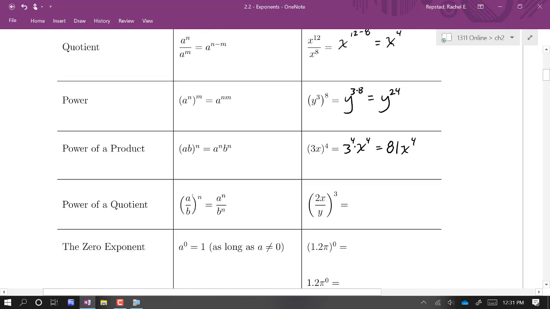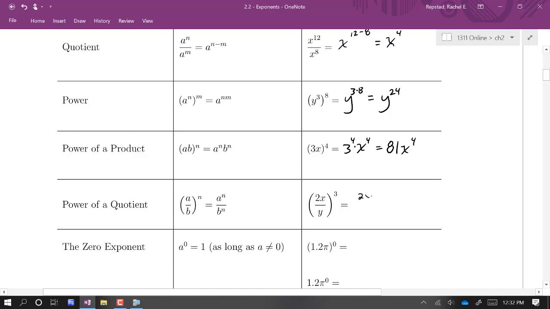We can distribute an exponent over division. So if I have a fraction, a over b raised to the n, that's the same as taking a to the n and dividing it by b to the n. Here we have 2x over y, all to the 3rd power. So we're going to use a couple of properties. First, this property that tells us we can distribute over division.